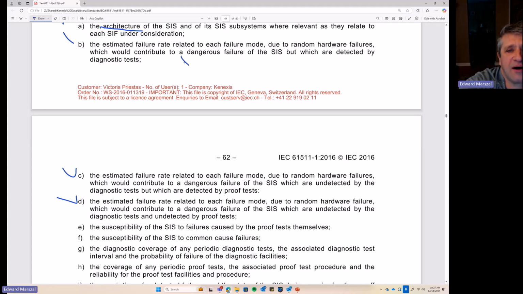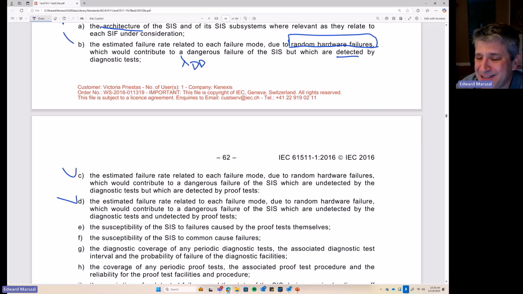So item B basically says I need to consider lambda DD, the failure rate due to random hardware failures that would contribute to a dangerous failure that are detected. Key phrase, random hardware failures, not systematic human failures.